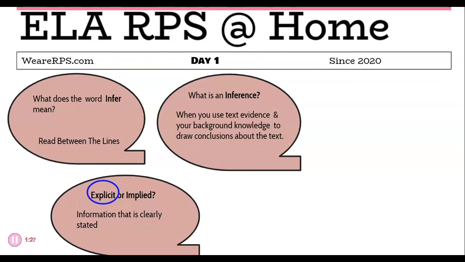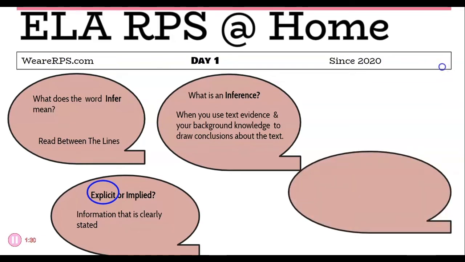Good job. Last one. Information that is not directly stated. Which word does this definition represent? Explicit or implied information? If you said implied, you are correct. Good job, guys. Let me know that you guys really remember what we learned yesterday. Let's go ahead and move forward to today's lesson.